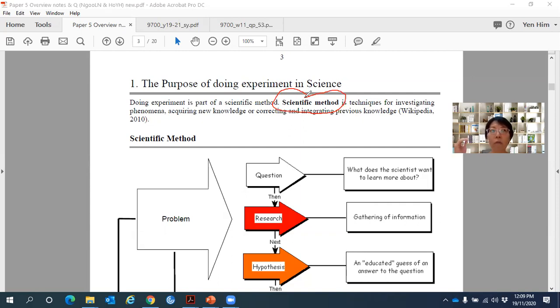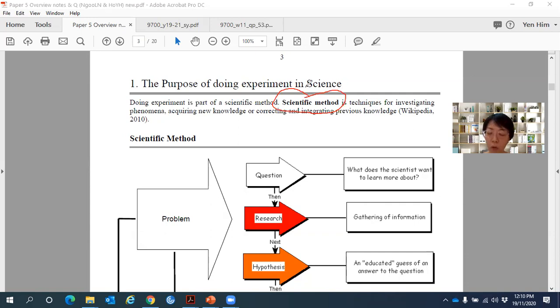For example, for physics, there's gravity, and there's a formula for gravity. And in biology, there's such a thing as temperature affecting the rate of enzyme catalyzed reaction. So how do we know that this is the nature of how things behave? In science, they always use the scientific method to verify it. So every time you do an experiment, we're actually following the scientific method.